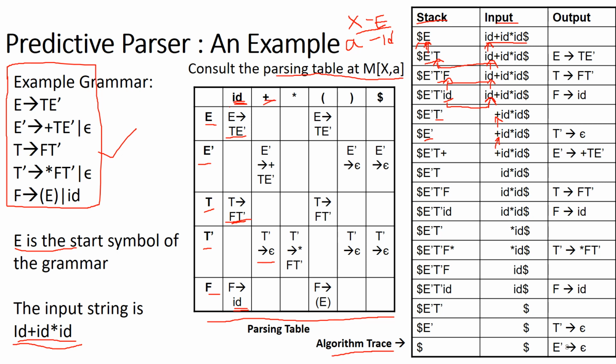So here we have one more production, which is E dash to plus T E dash, where E dash is the left hand side of the production and the top of the stack, and plus T E dash is the right hand side of the production. So E dash, which is the top of the stack, is replaced by plus T E dash in the reverse direction. Therefore it becomes E dash, T, plus, and now plus is the top of the stack and the current input symbol under consideration is also plus.